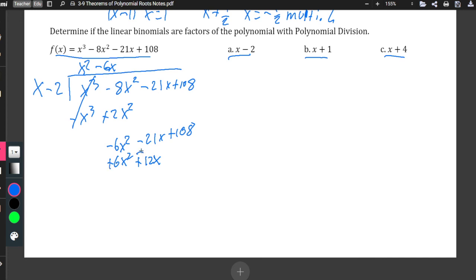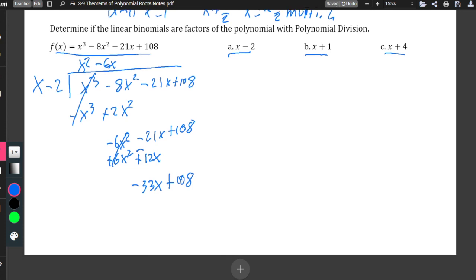And we flip the signs. No, that's right. So when we flip the signs, that would be 33x plus 108. That should be minus 33x, so minus 33. Oh, minus 33x plus 66.